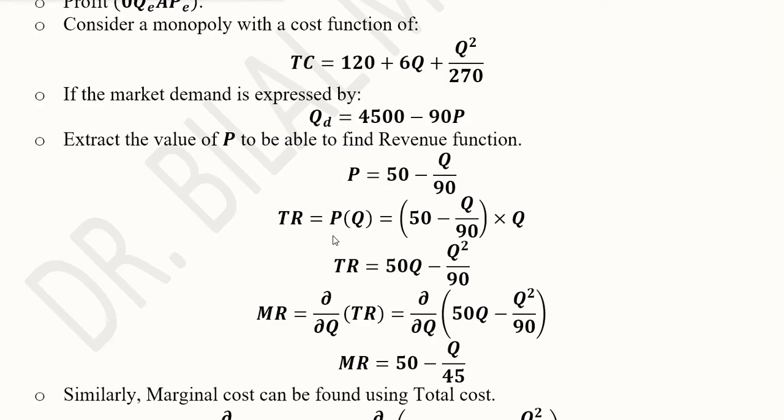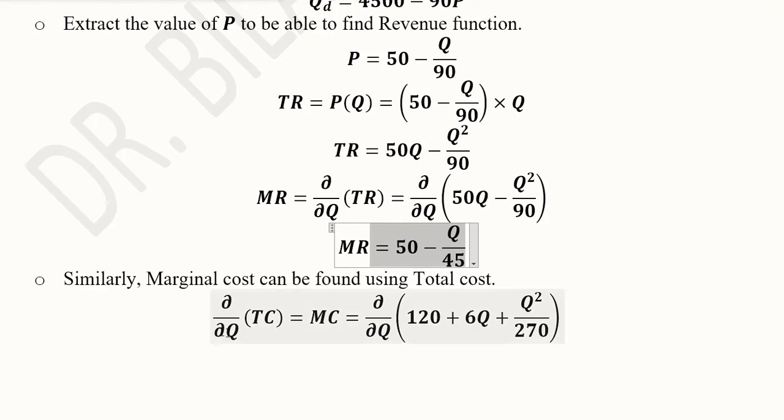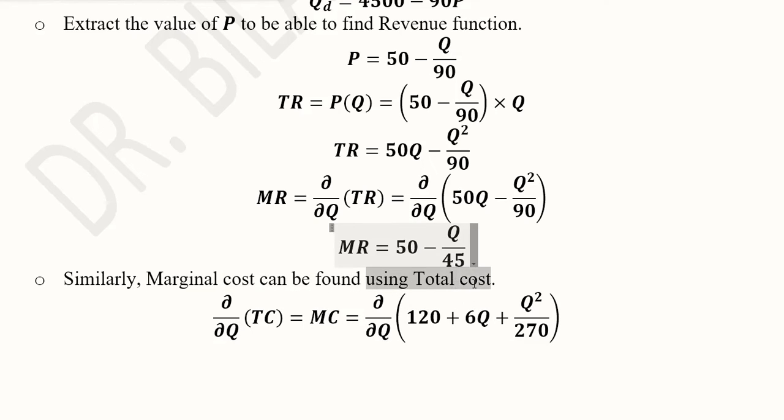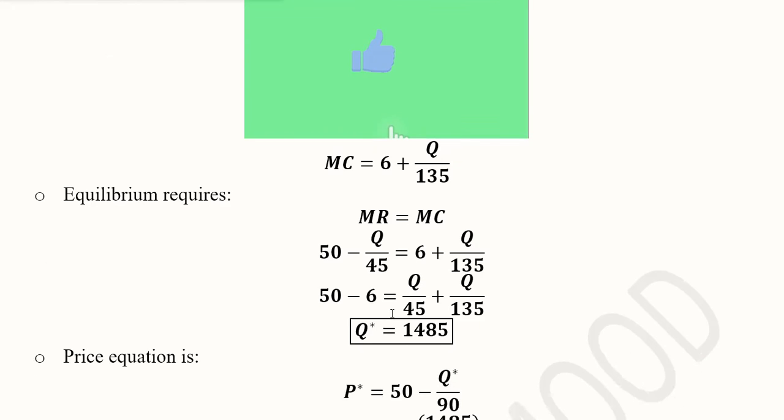After developing the total revenue function, which is mentioned here, we are going to develop the marginal revenue function from it, which is written here. And in the same way, we can develop the marginal cost function simply by taking the derivative of the total cost function. So here we did this, and we can see the marginal cost function here.